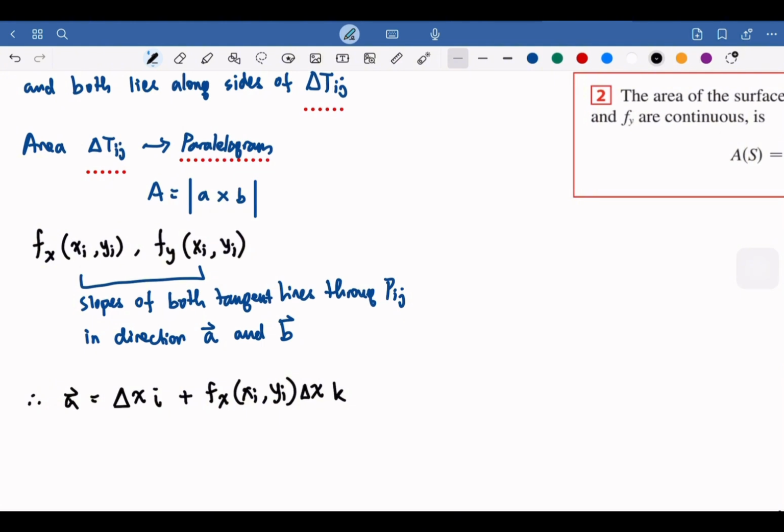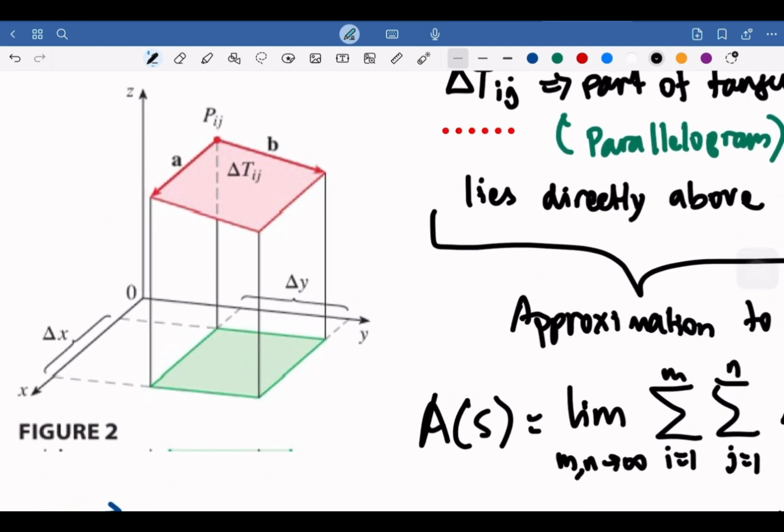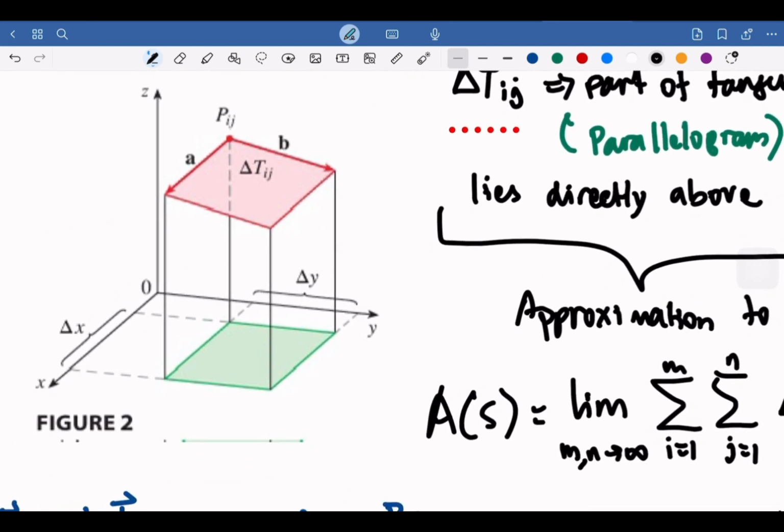This vector A relates to the positions in which for the x-axis it will be delta x, and for the z-axis it will be partial x delta x.